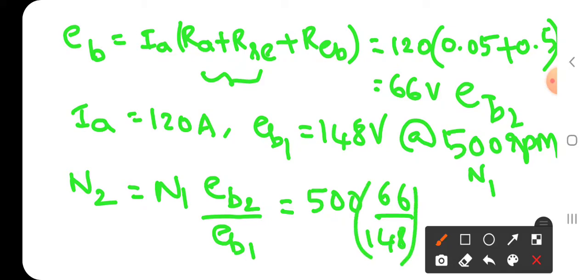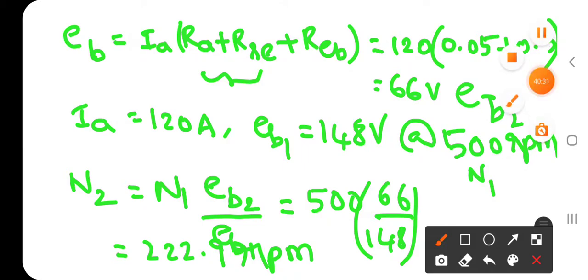Then what is the speed? Yes, N2 is equal to 222.9 RPM.